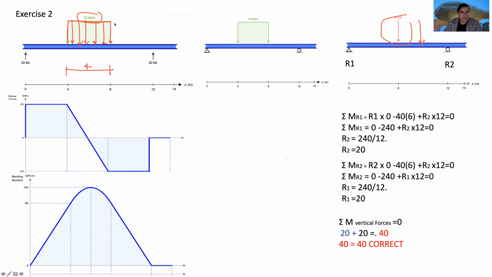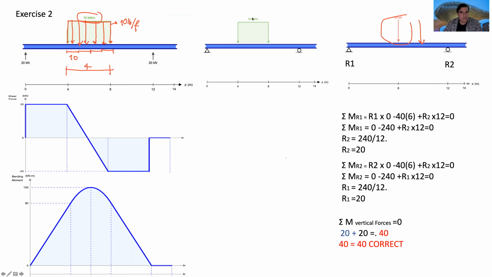It will be the same for the effects of this exercise if it is 10 pounds per foot. That means that for every foot, 1, 2, 3, and 4, we have 10 pounds. 10 multiplied by 4 is 40.